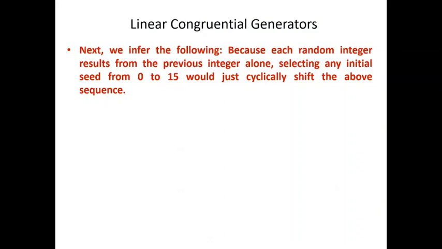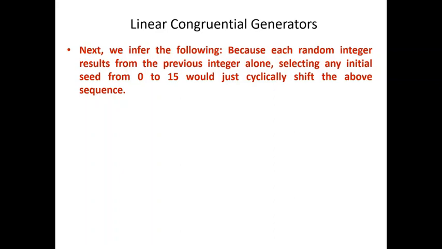Because each random number results from the previous integer alone, selecting any initial seed from 0 to 15 would cyclically shift the above sequence. So it will still generate the above sequence with 16 numbers, but it will simply shift the values. Instead of taking x0 as 1, say I start with x0 as 6. So 6 will be the starting value, then it will be 15, then 12, and so on. 1 will come later.